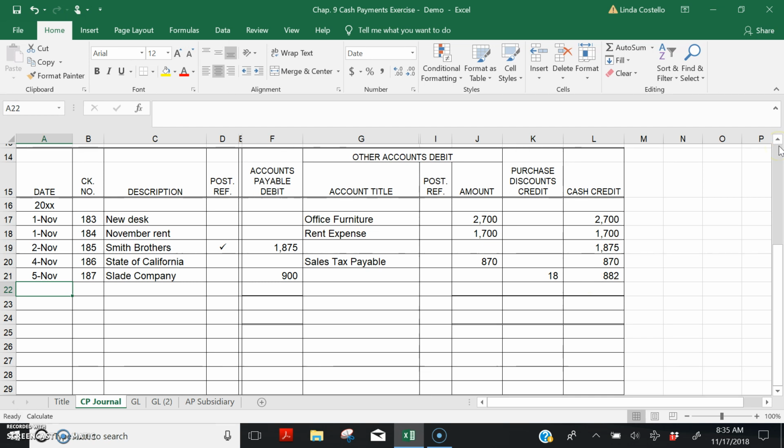Why don't you pause the video and post this payment to Slade Company's vendor card in the accounts payable subsidiary ledger. When you're finished, start the video again to check your answer.